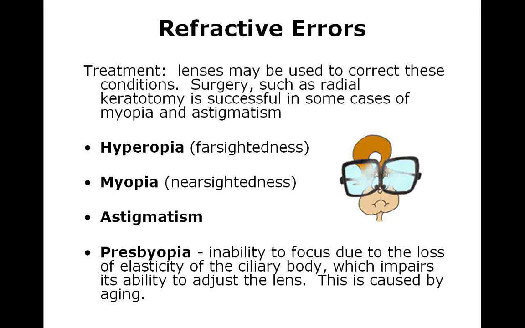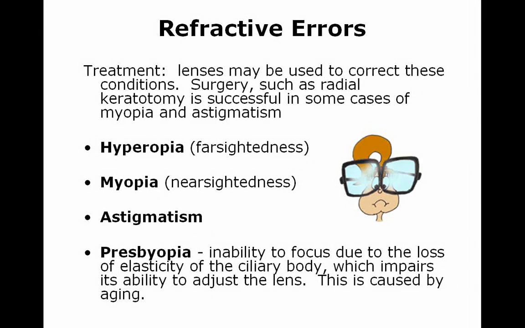Now, presbyopia. Opia means vision, and presby actually means old age. This is a condition caused by just natural aging, in which the ciliary body, these muscles that should adjust the lens, lose their elasticity, and the muscles no longer will change in accordance with whether the person's looking at things close up or far away.